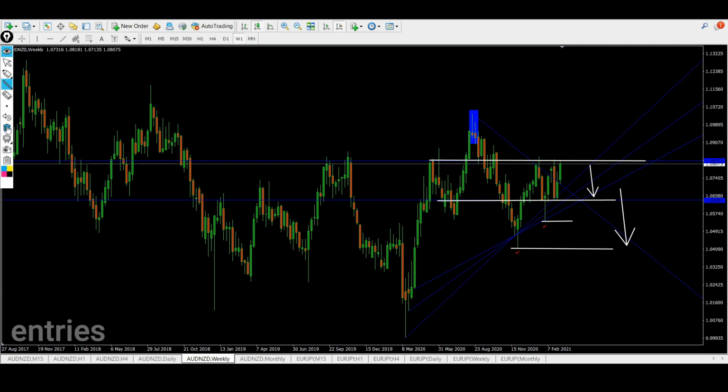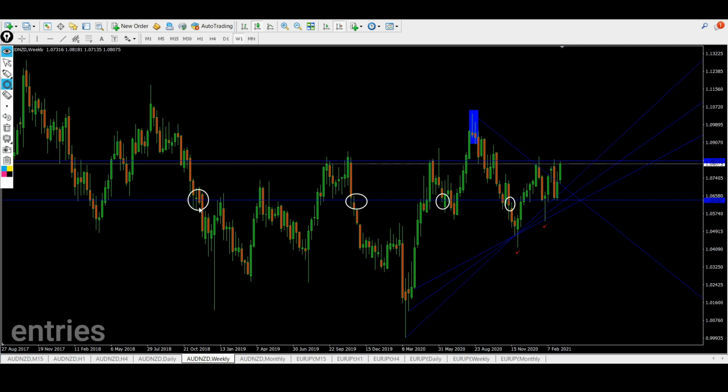Again, these gap levels are created with the bottom end being several gaps. We have this gap here, another one here, another one here, and another one here. So this is making the bottom end of this range.